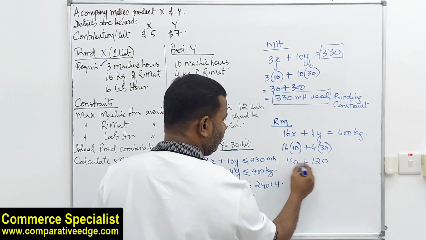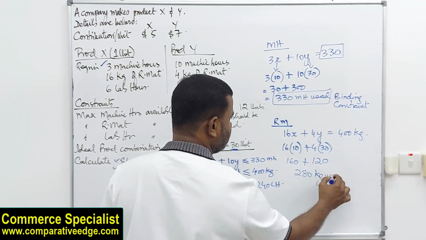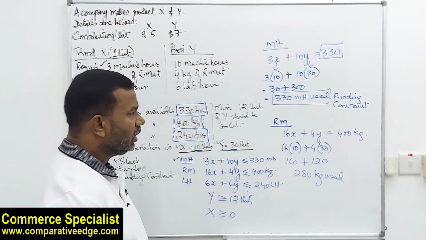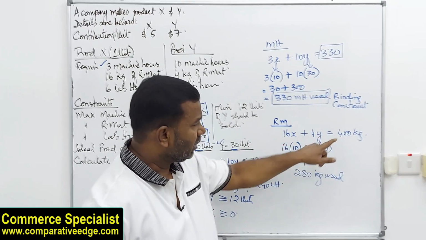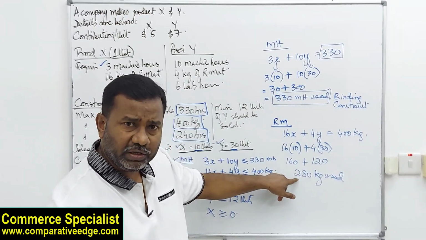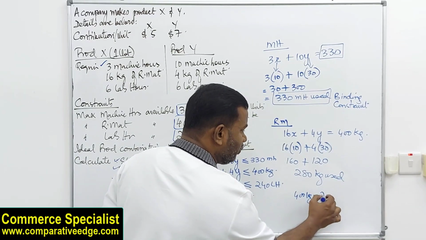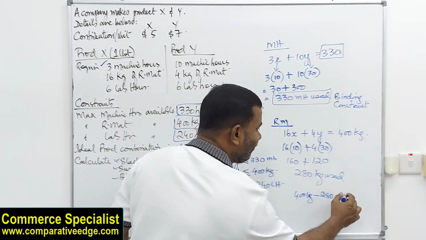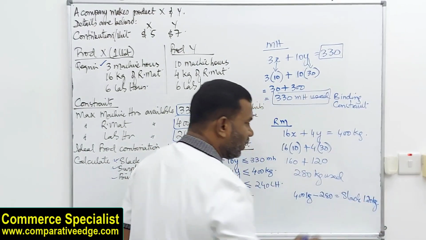So you have 280 kilograms used. How many kilograms were available? 400. But you used only 280. So 400 kilograms minus 280 which is used, you have a slack of 120 kilograms.